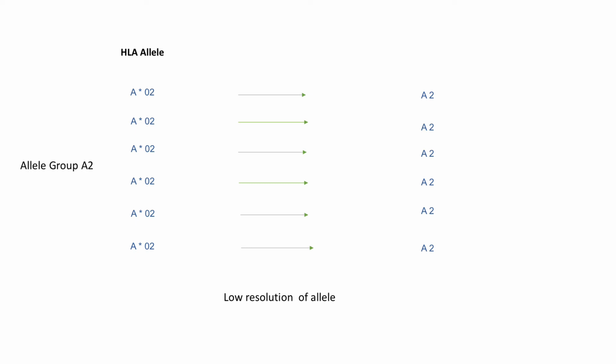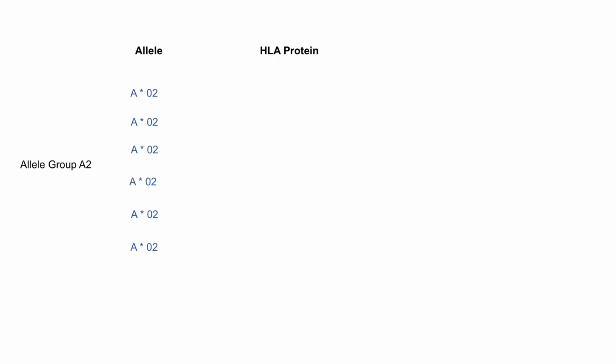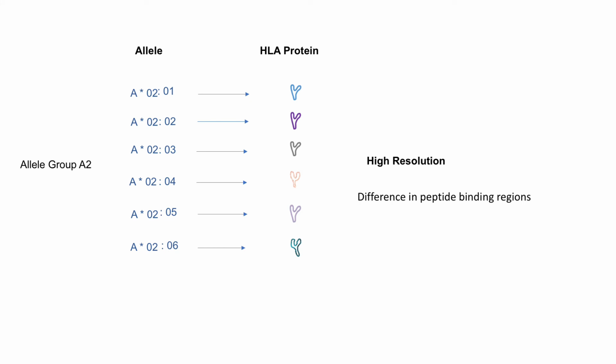So low resolution level typing generally corresponds to antigen level typing. Molecules derived from the HLA-A2 allele group will appear as A2 antigen, while molecules derived from the HLA-A1 group will appear as A1 antigen. And if we want to know exact HLA molecules, then we will need to perform further analysis and identify alleles at high resolution.